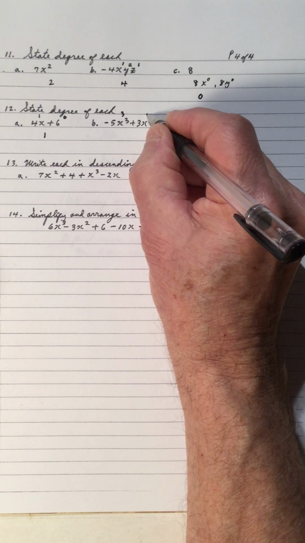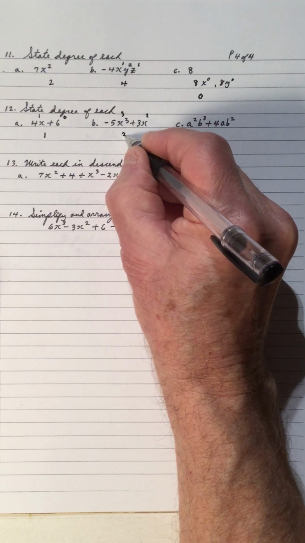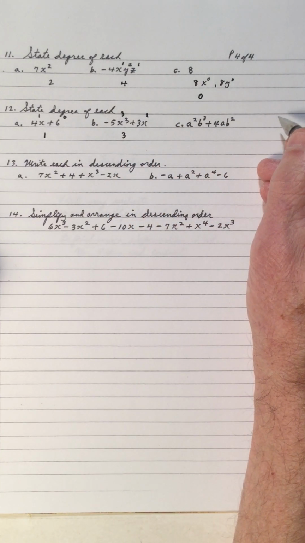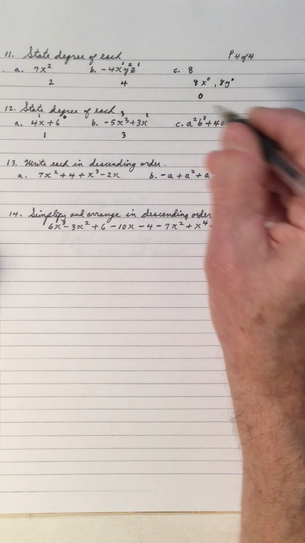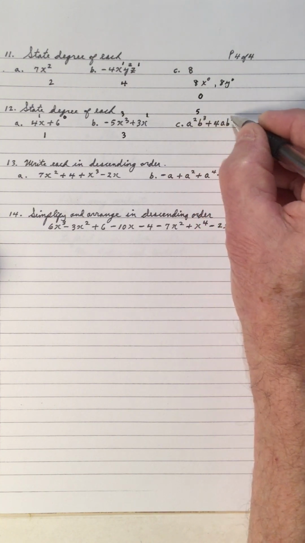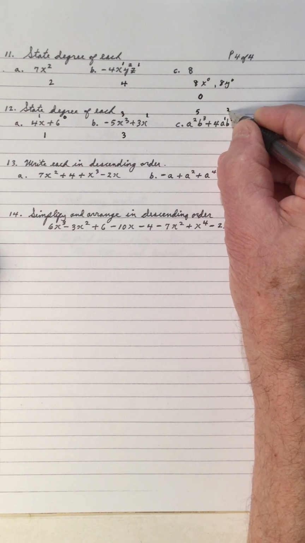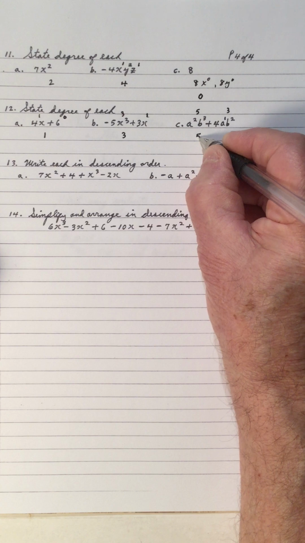The degree of this term here is 1. So the degree of this binomial is 3. It's the largest degree of any one term. The degree of this term here is 5, 2 plus 3. Degree of this one is 1 plus 2, that's a 3. So the degree here is 5.